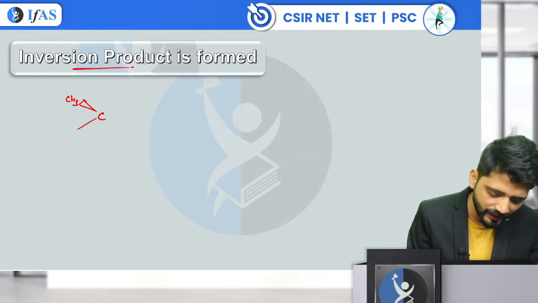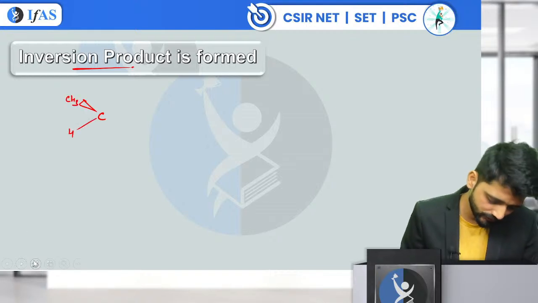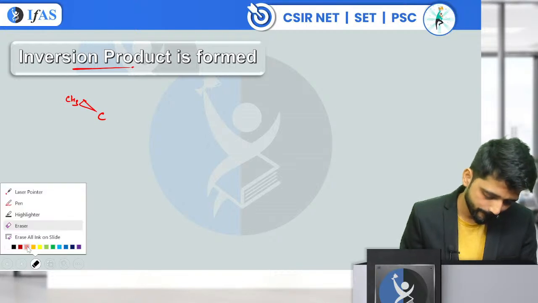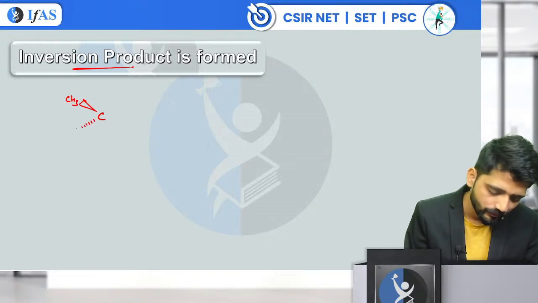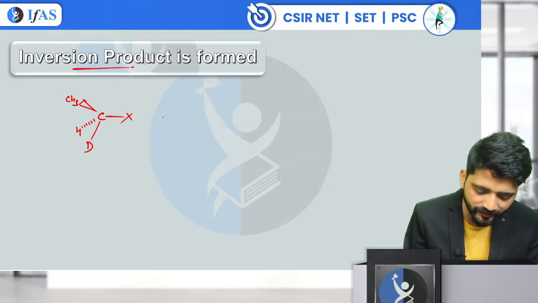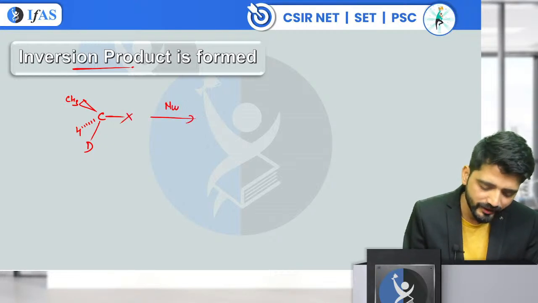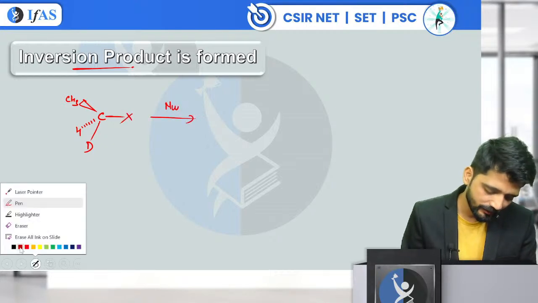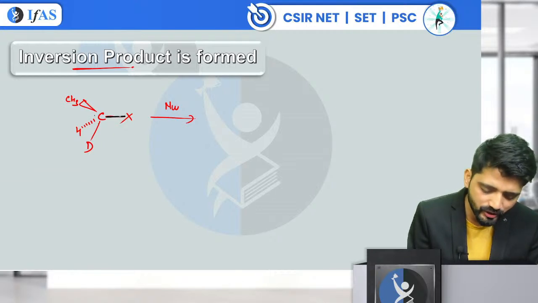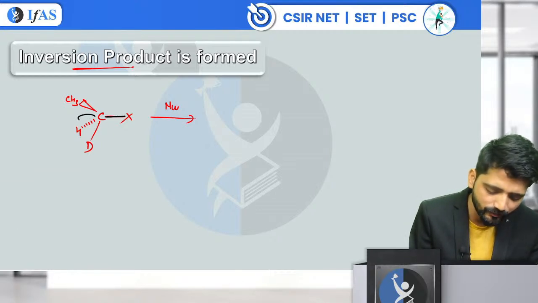CH3 group. We have a hydrogen here. Below the plane hydrogen here, we have a deuterium, and at this center I have an X group. When the nucleophile approaches, it attacks the sigma star orbital. We generally represent for any sigma bond the sigma star in this fashion, just behind the bond.